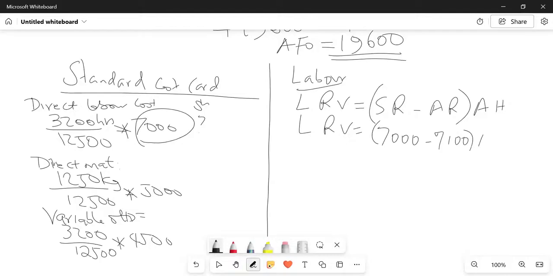And how many hours are we talking about here? 320 hours? No, these are standard. If you go to the actual information, you can see the actual hours: 3050.